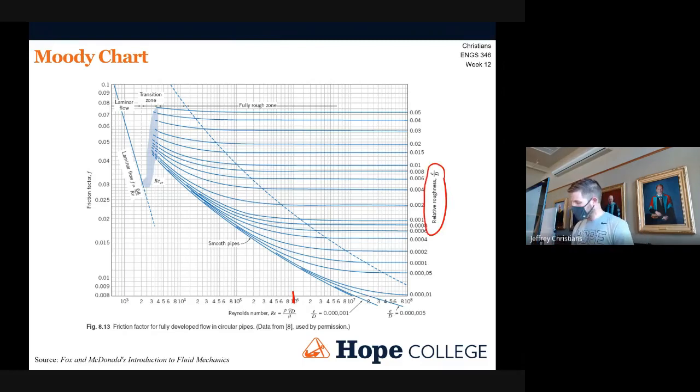That's going to tell you which of these lines on the right to follow. Say I'm down here. You're going to trace that line and this line and say, okay, that's where those meet. Then I'm going to go over here to the right side, and that's F. So you have to use both Reynolds number and the relative roughness.